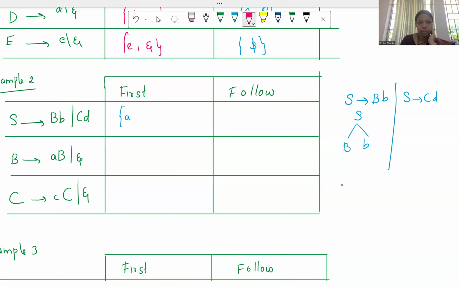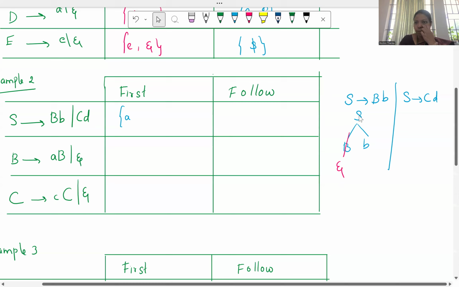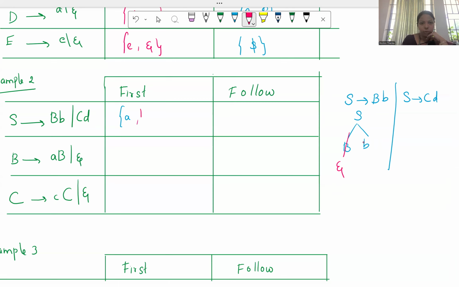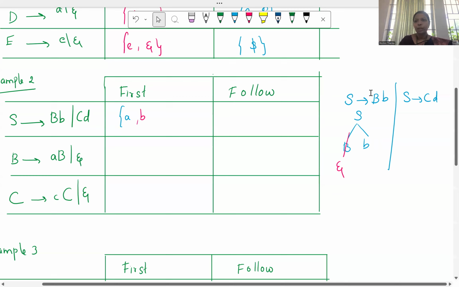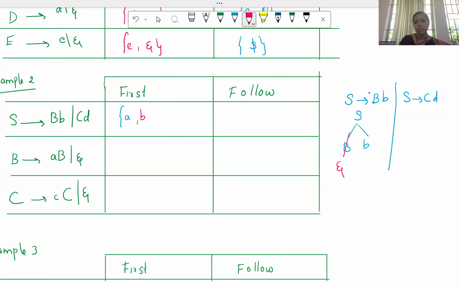It can also be, see here, B can also be epsilon. If this is going to be epsilon, which means nothing is there, who will be the first of this? Yes, this small b. So if nothing is there, who will be the first symbol when I derive? Yes, I'll be getting b. So this can also be b. So this production is done.